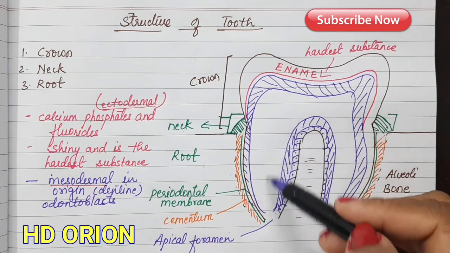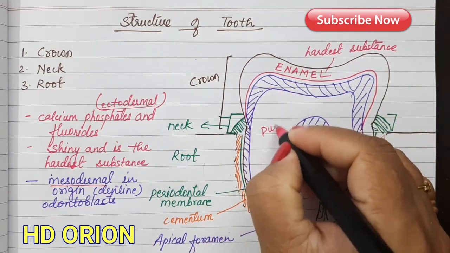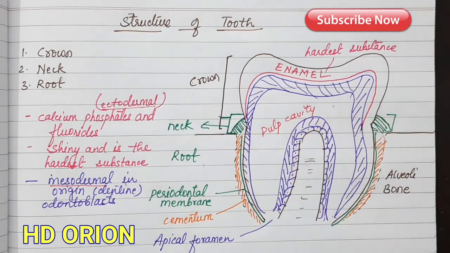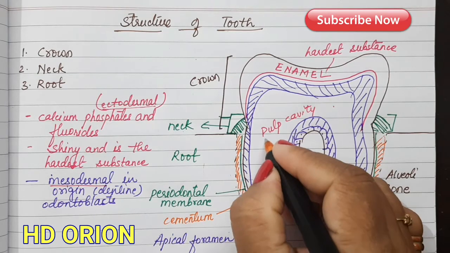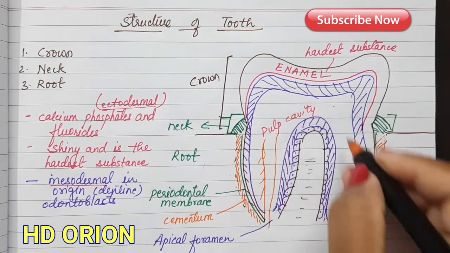And what is present in the middle is the pulp cavity. This is the pulp cavity. Now from the pulp cavity, the blood vessels, the nerve fibers and all appear.